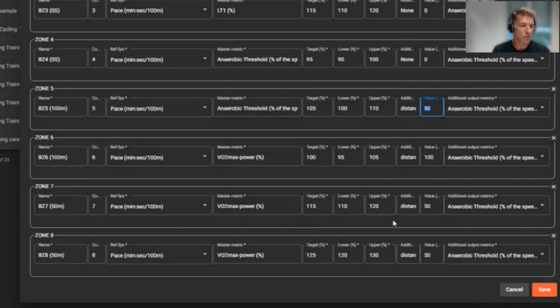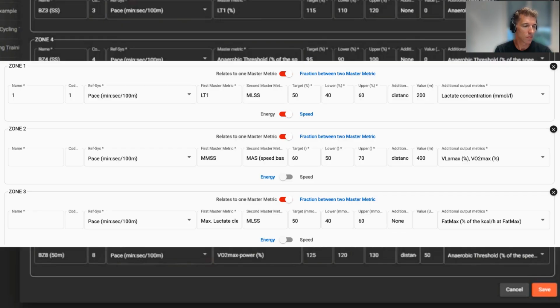The last cool thing is that INSCYD develops the training zone builder further and further. At the moment, they followed one of our wishes, that we can soon define the percentage share of 2 zones between 2 markers. So this means, for example, we have between lactate threshold 1 and 2 the distinction of 2 more zones.